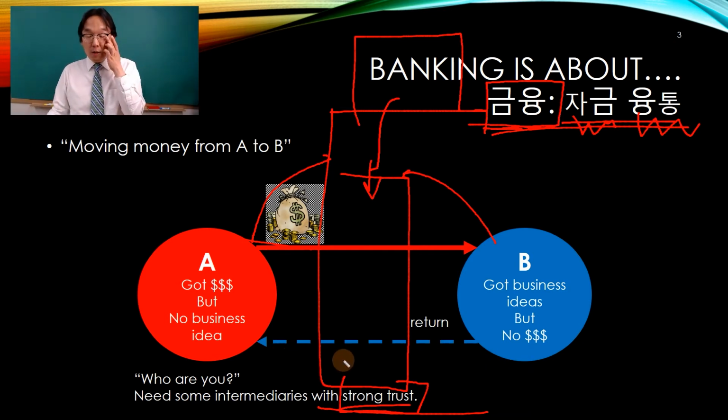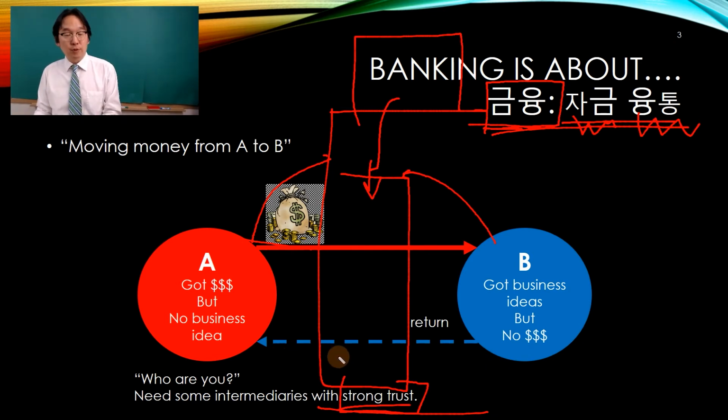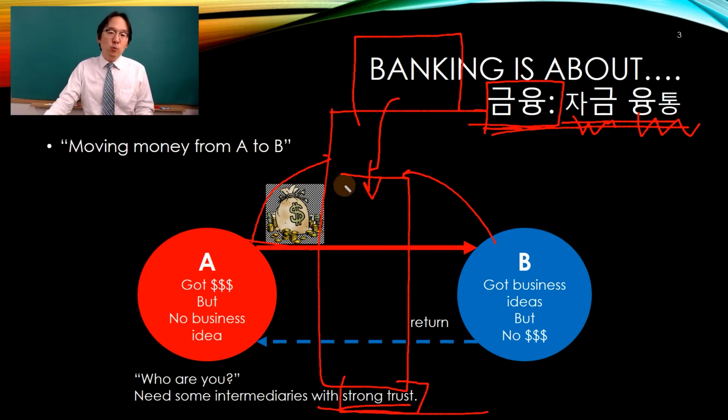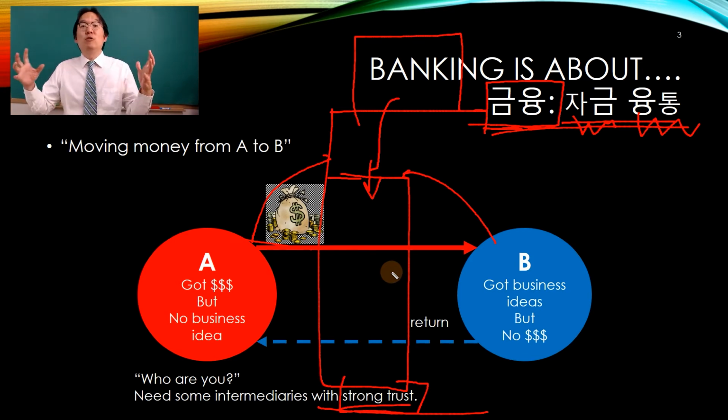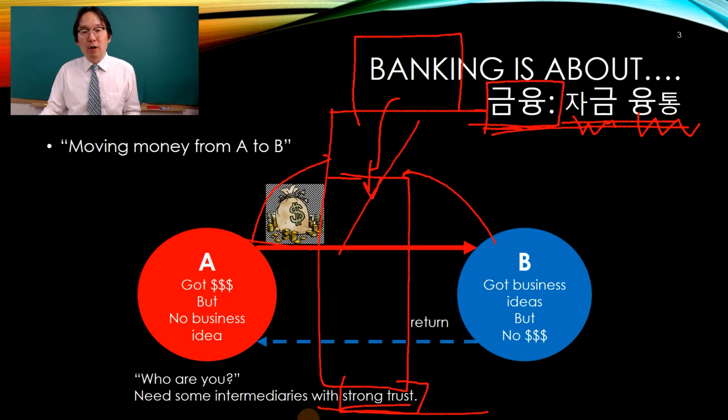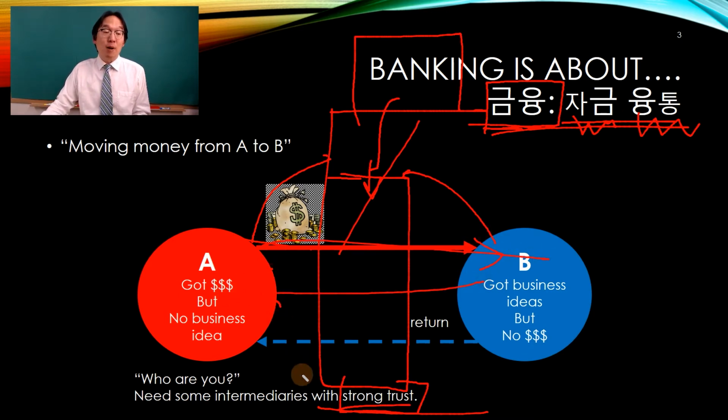Somehow. So that's the banker's work, first of all, moving money from A to B. And this is where these days all those fintech companies claim that they want to democratize and disintermediate over here, claiming against bankers, oh, you fat cat bankers, get out of the way, so that we could directly connect these two guys somehow.